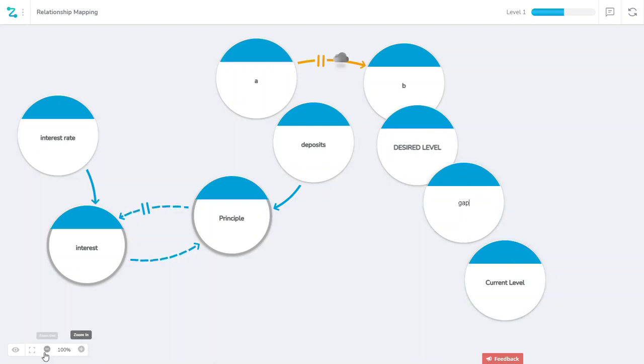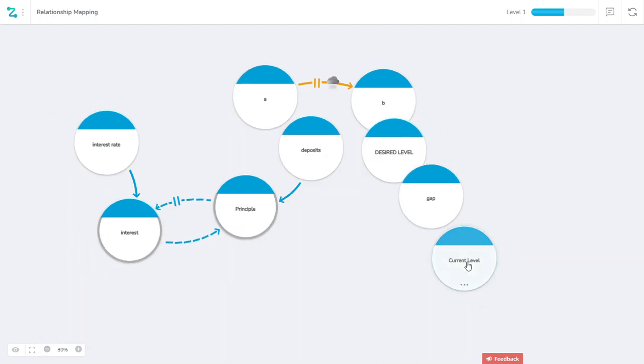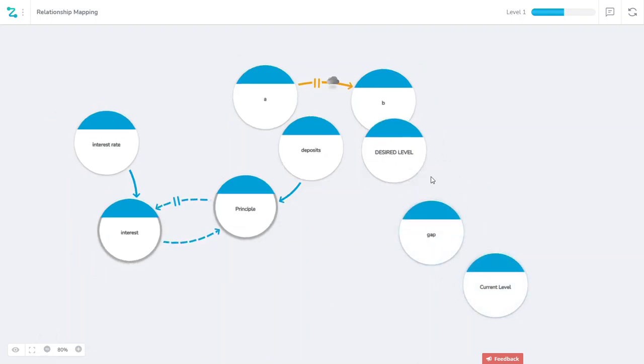Let me make this a little smaller. So if the desired level got larger, the gap would get larger. And when the current level in the bathtub increases, the gap gets smaller.